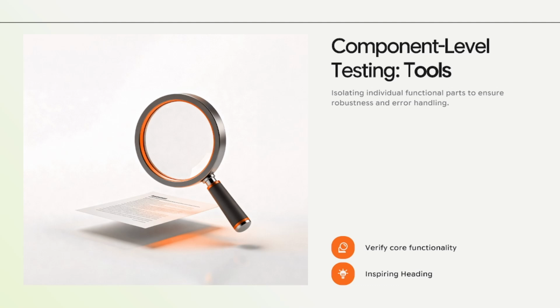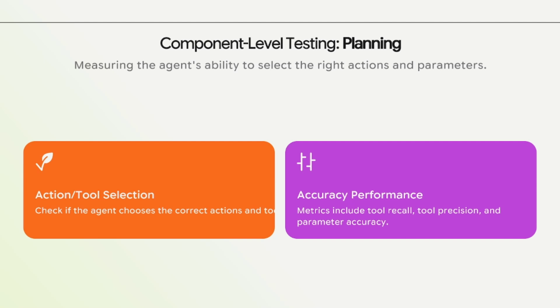Component level testing. So also test your tools. Implement functional testing. Test all the tools one after the other. Verify the core functionality of the tool, and verify their actions, their responsibilities, their names. Component level testing, planning: action and tool selection.